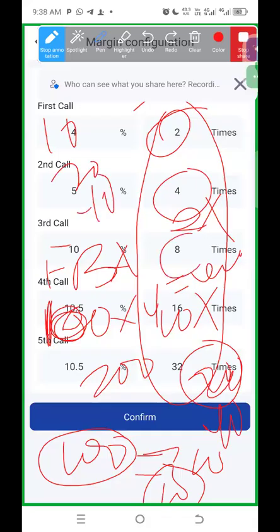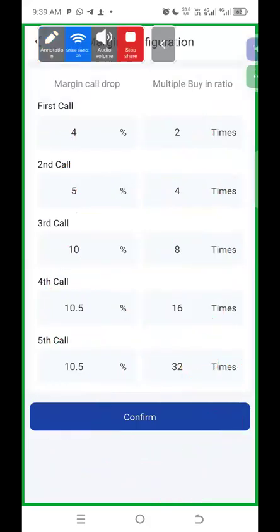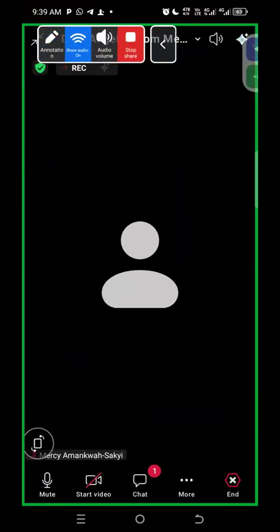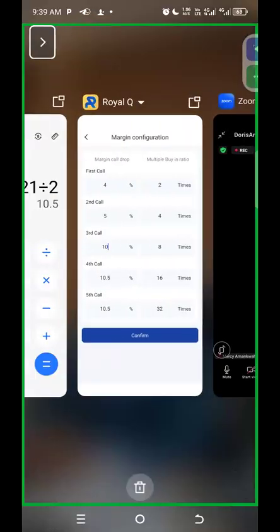The next one they said 8 times. So 8 times 100, which is 800, which is 80. Do you get it? 16 times, that is 16 times 100, which is 160. I don't know if you get it. My dear, do you get it? Please, hope it's clear.